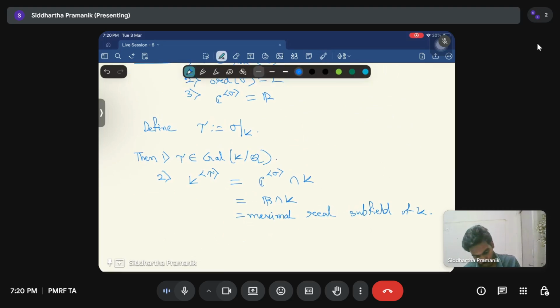So we want to show this fixed field of tau in K is the same as L, which is Q adjoin zeta n plus zeta n inverse. So that is our task.